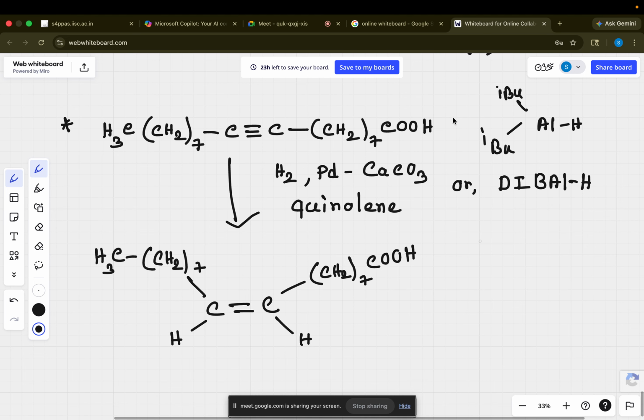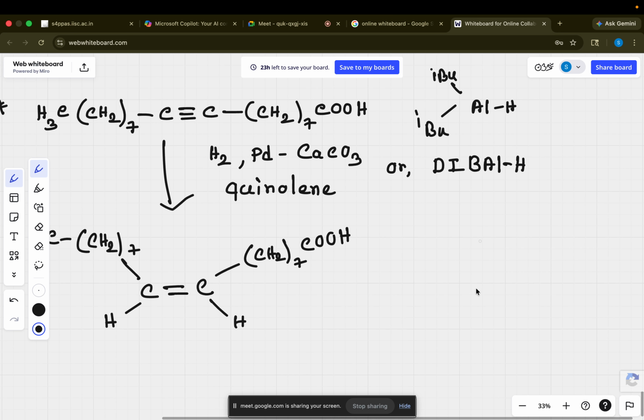Is there steric hindrance here, sir? Steric hindrance is definitely there, but still it is stable. How is it stable? You can show like this: carbon-carbon double bond, with hydrogen, hydrogen, and the 7 CH2 chains arranged like this. That's why they are stable.